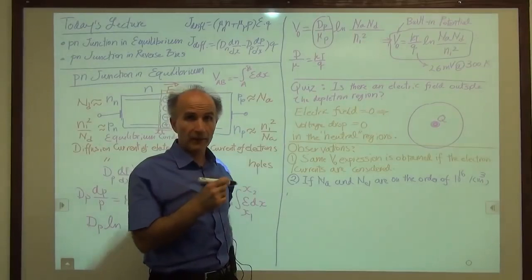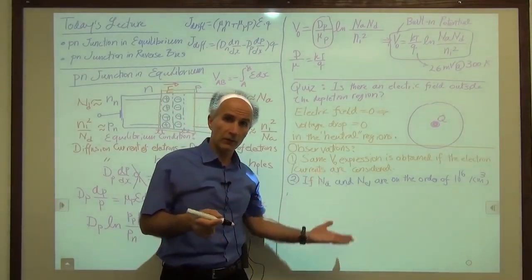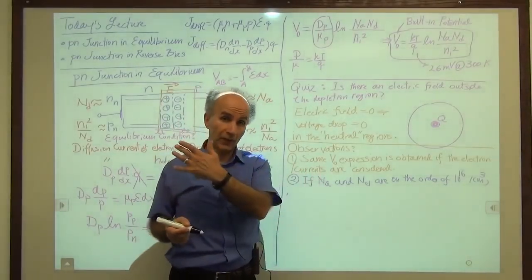So they are not necessarily 10 to the 16. They could be anywhere between 10 to the 15, maybe up to 10 to the 18th.